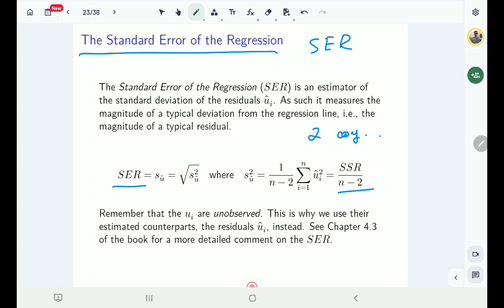If you had, for example, 5 coefficients, then you would have to subtract 5. Okay, be careful with that. Again, u i hat is residual, u i itself is the error term that we never observe. Be careful with that.